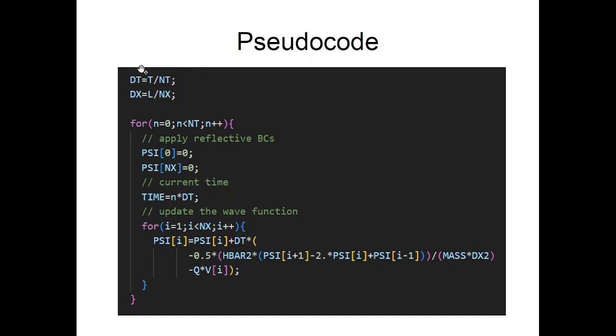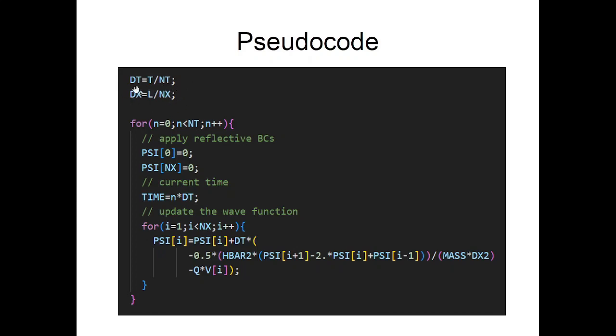The first one is that, as you see here, somewhere in the code we are going to define the final time of the simulation, and we divide this final time by an integer nt. This provides us the delta t, or the time step of the simulation.